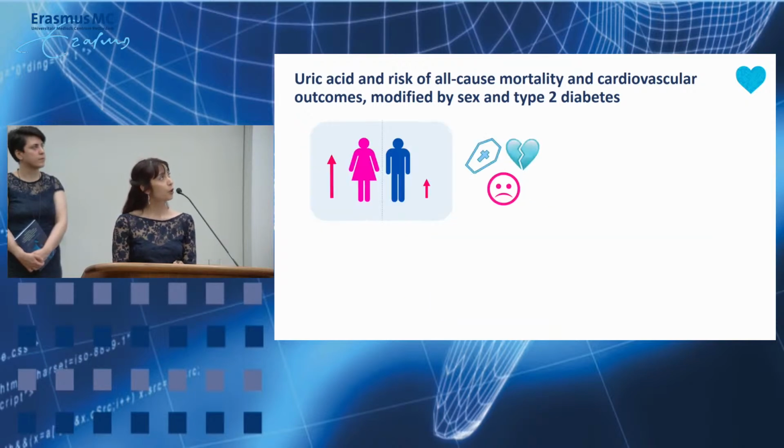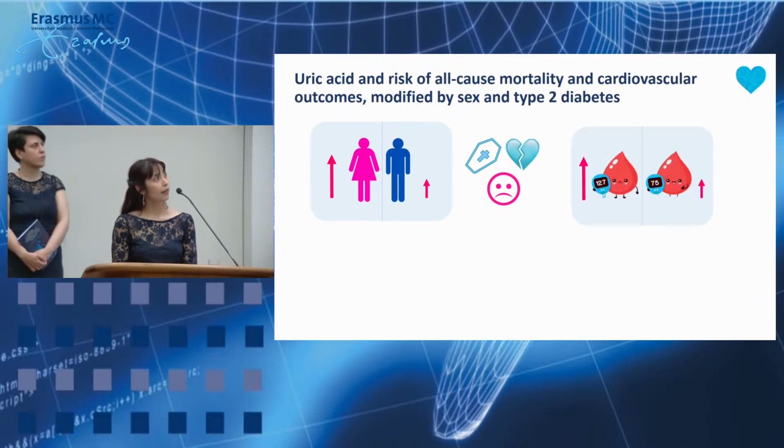Next, we wanted to assess differences between men and women, and we found that for both of them, the risk of mortality and cardiovascular disease was increased, but in women, the risk tended to be higher than in men. We did a similar analysis comparing diabetic and non-diabetic participants, and we found similarly that diabetic participants had a higher risk.